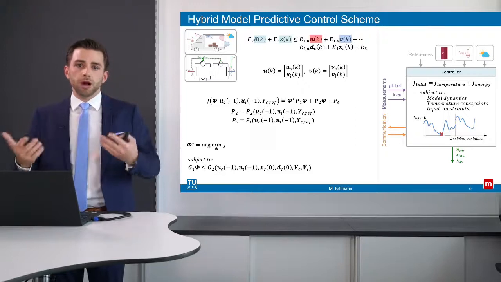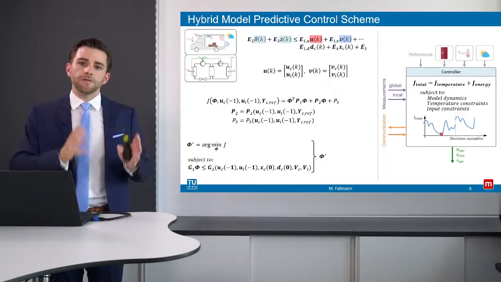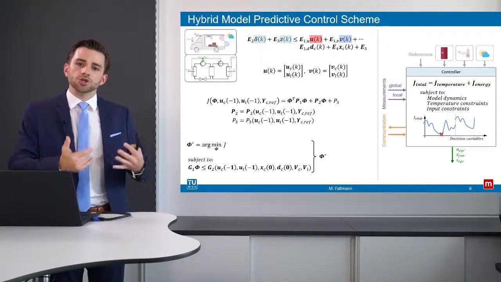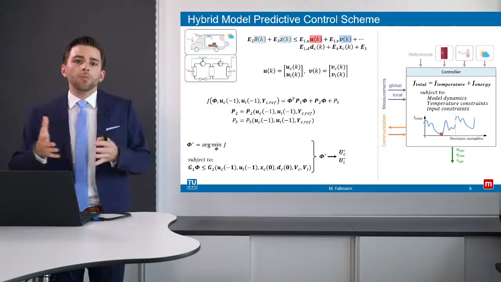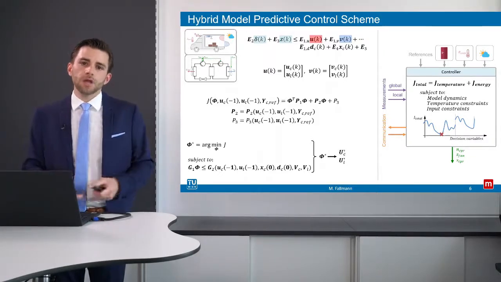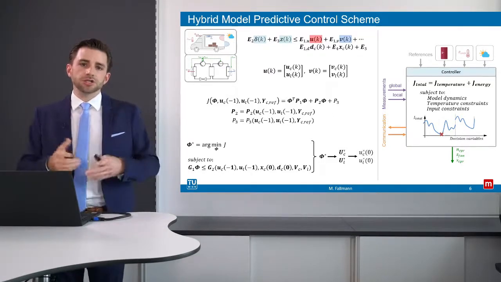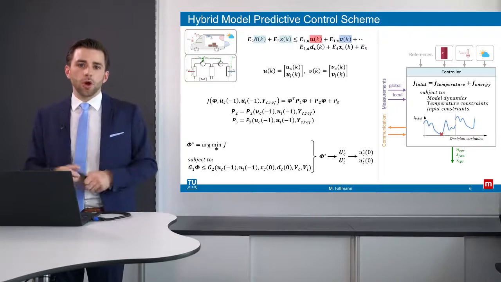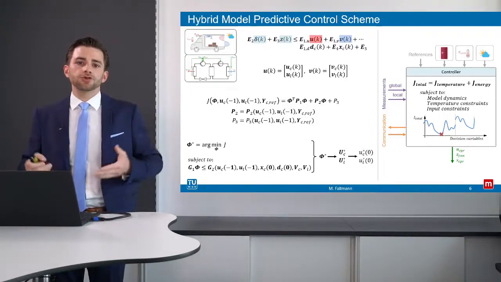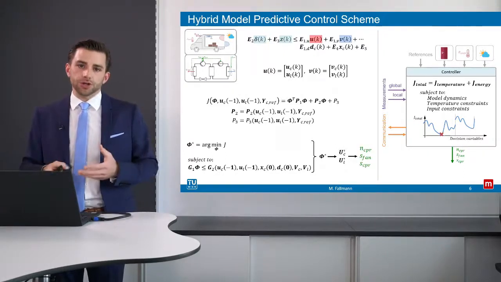Solving this by a mixed integer solver, we receive the optimal solution, phi indicated by a superscript asterisk. And we can extract UC and UL, the optimal input sequences, from this optimal solution vector. Then we apply the first elements of these input sequences, UC and UL, at the current time step. And in fact, these are values for the compressor speed, the fan switch, and the compressor switch.